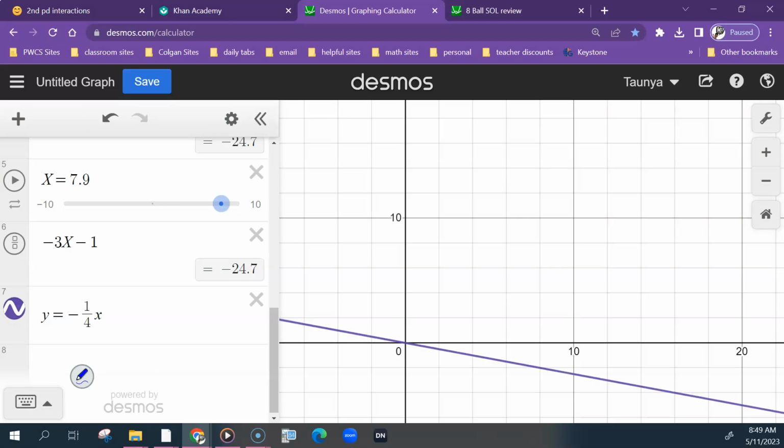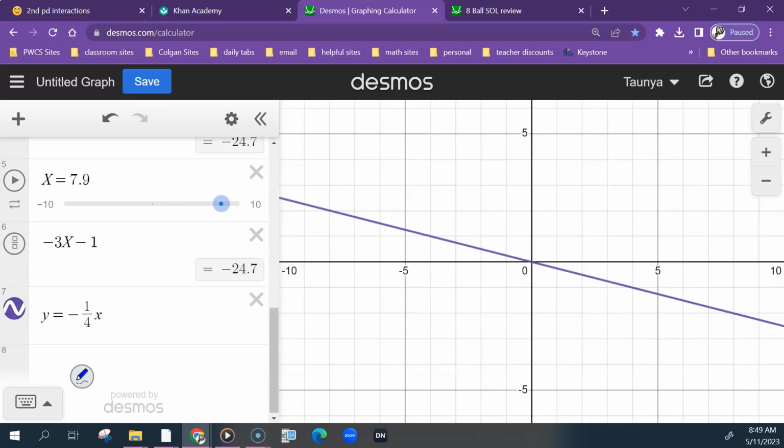And then when you graph this line, it should have gone through 0 or started at 0, going up 1 to the left 4, down 1 to the right 4. Make sure you have arrows at the end.